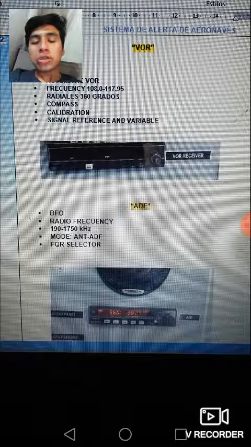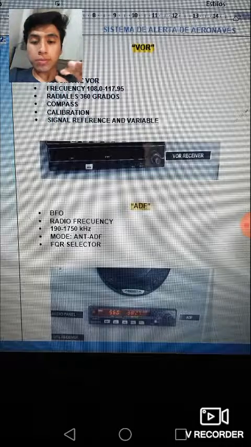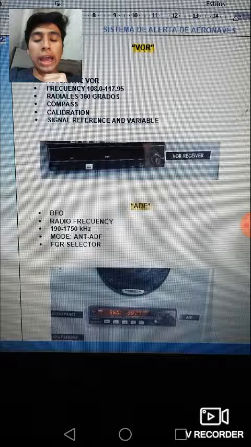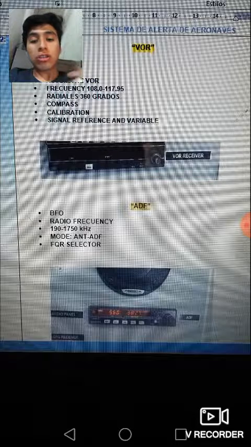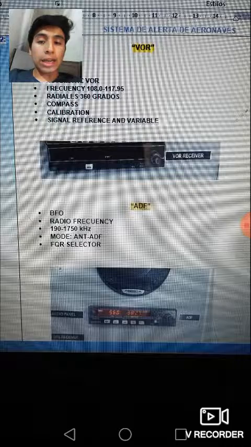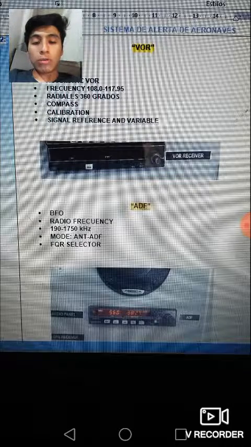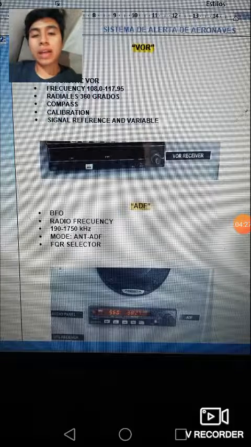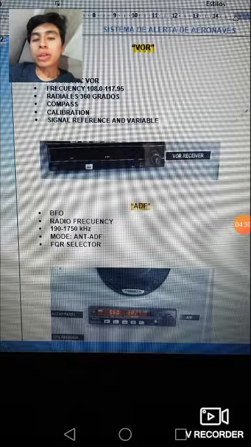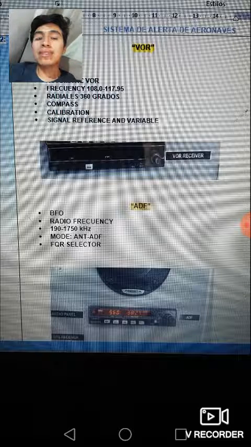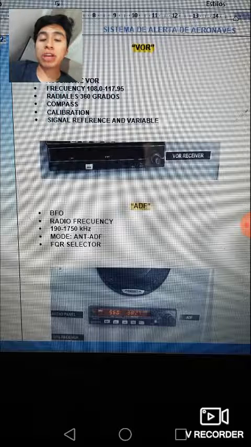You can set information in your MCDU, choosing your different stations. DME works with VOR automatically because you need to know the distance between a station and the aircraft.